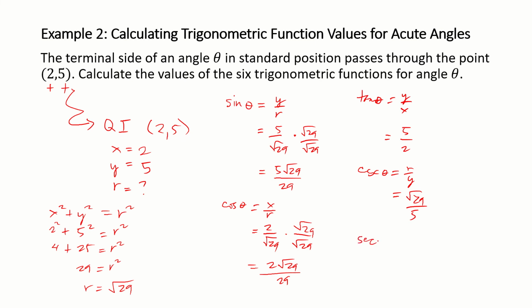For secant, that's r over x. So square root of 29, then x is 2. Then finally, for cotangent, that's x over y. So x is 2, y is 5.